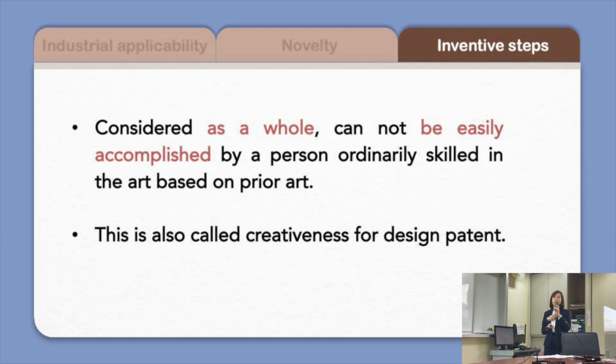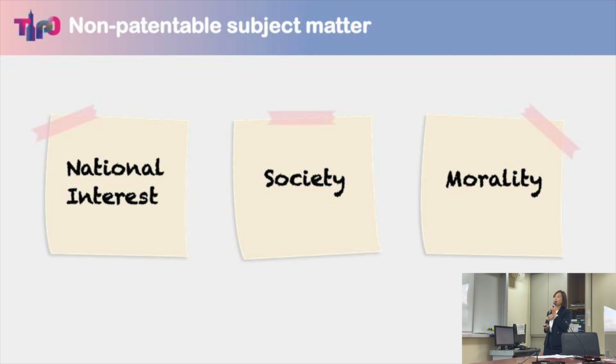So after learning about the elements of patentability, let's look at what cannot be patented. Generally speaking, an invention that does not serve national interest, does not benefit society, or violates morality cannot be granted a patent.